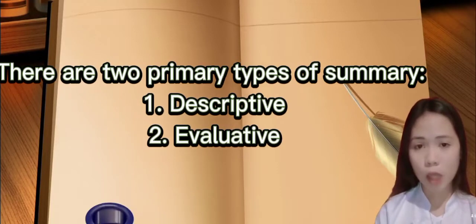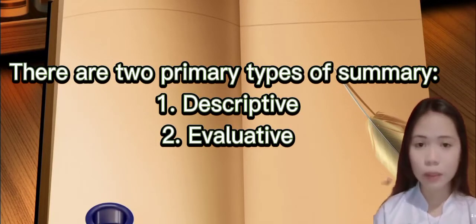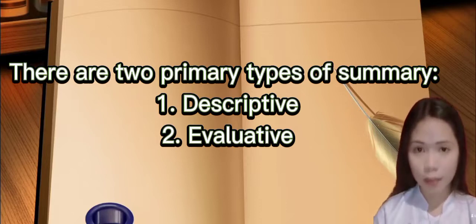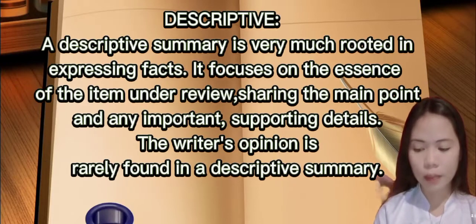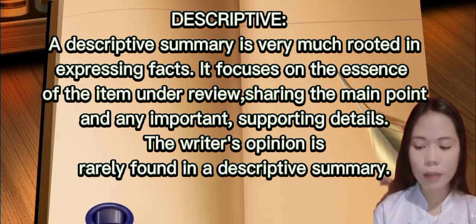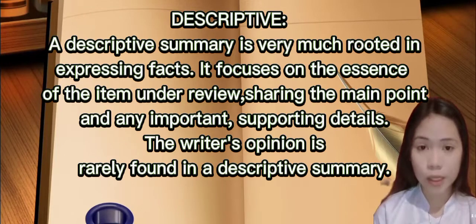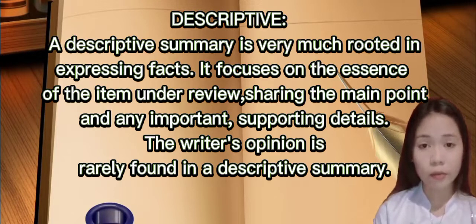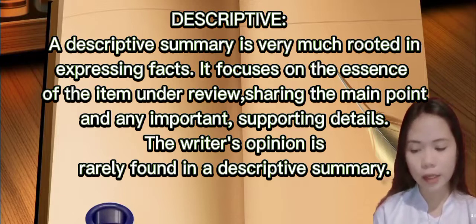There are 2 types of summary: descriptive summary and evaluative summary. When we say descriptive summary, it is a summary very much rooted in expressing fact. It focuses on the essence of the item under review, sharing the main point and any important supporting details.